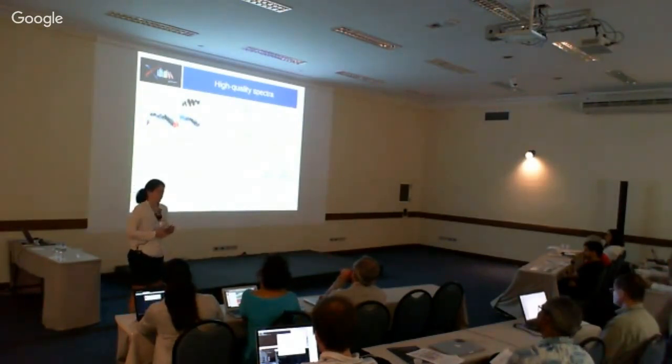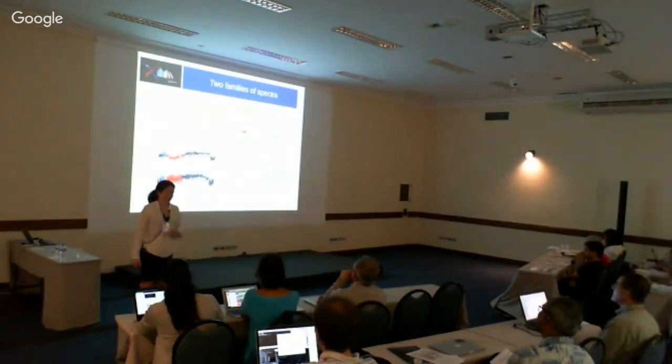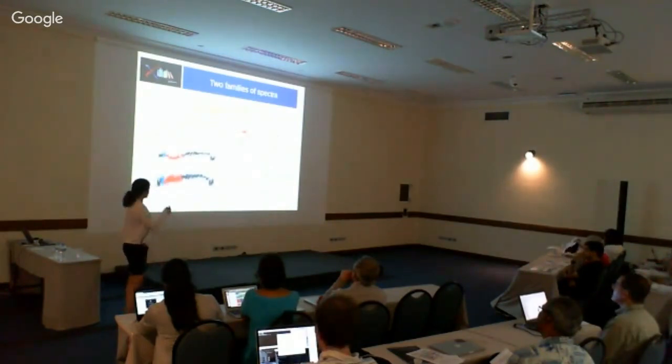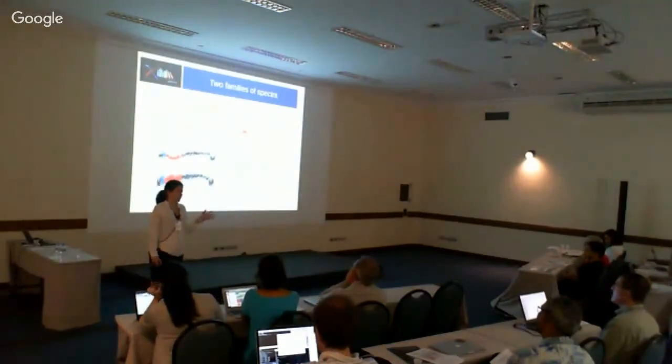What is interesting in our sample, besides the fact that we got lots of carbon stars, is that we got a bimodal family. If you look at the figure at the top, which is just a zoom of a figure that I showed previously, the two orange spectra have roughly the same colors.